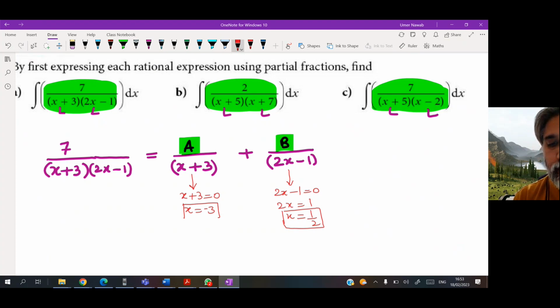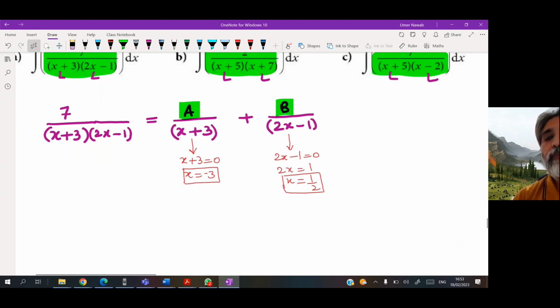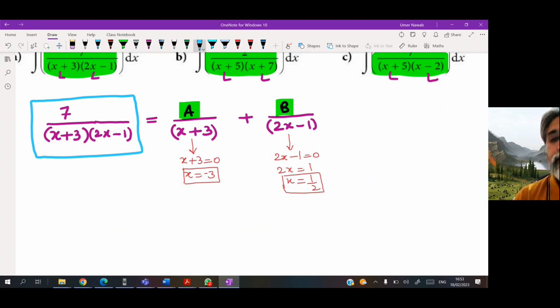Now, these two values will help us to get the values of a and b. How? You need to focus on your left hand side. To get a, you have to plug this value in the place of x.